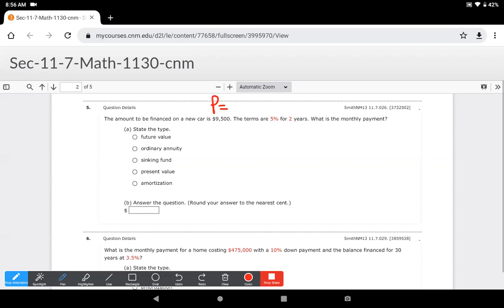The terms are a rate of 5% for 2 years, monthly payments, so N equals 12, right? And they're asking us for a monthly payment, right? Last time they asked us for M, and A was known.